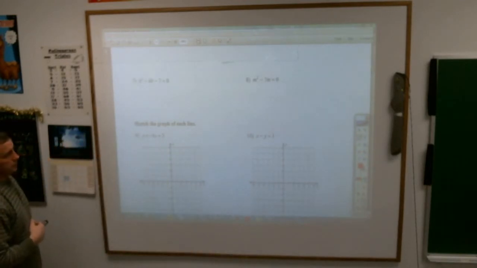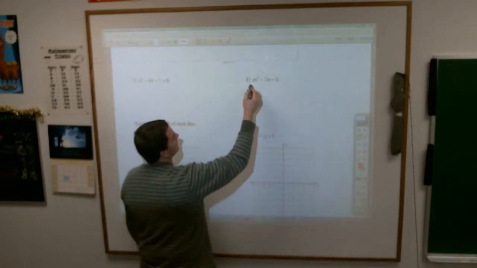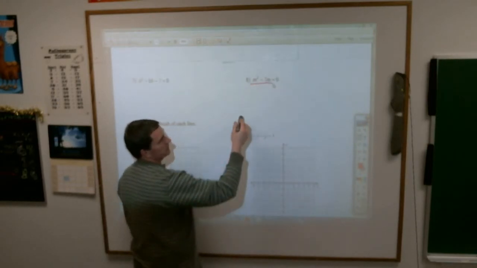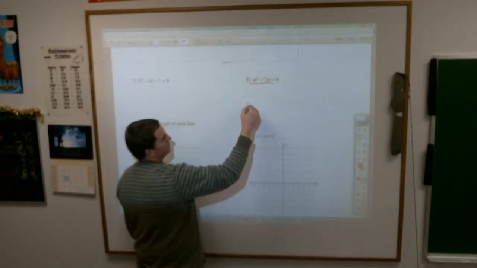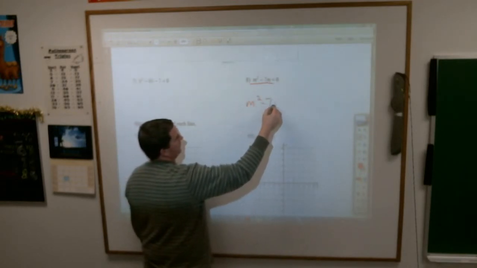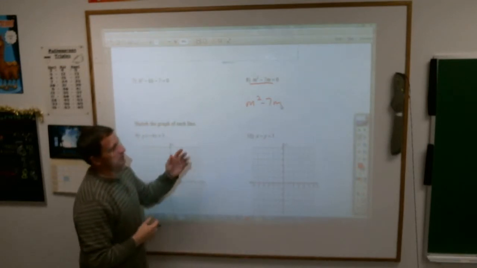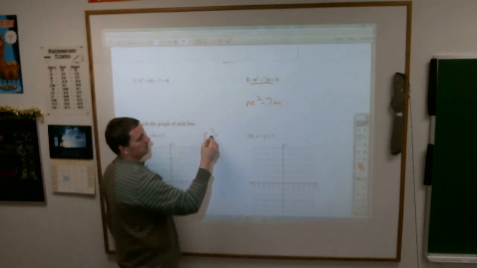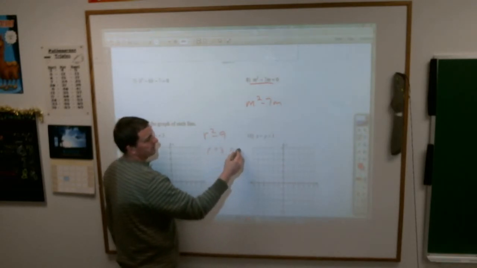Number 8, children, is not, well, I guess it is. The deal with number 8 is you don't have a third number after it. So when you see that, you have to think two things. You have to think either it's a perfect square one, which it's not. That one like where we had r squared minus 9 that broke into r plus 3, r minus 3.